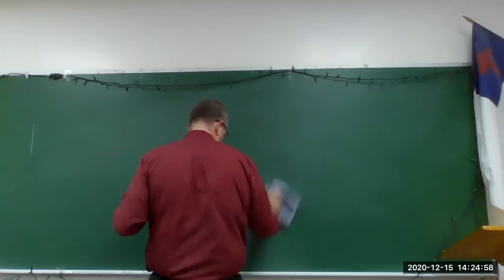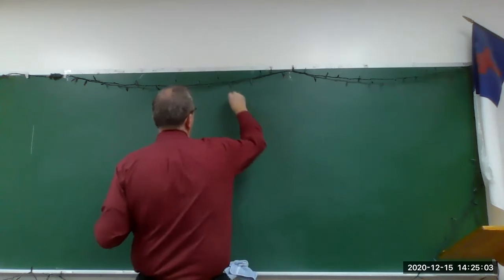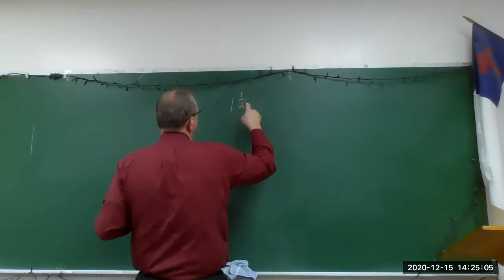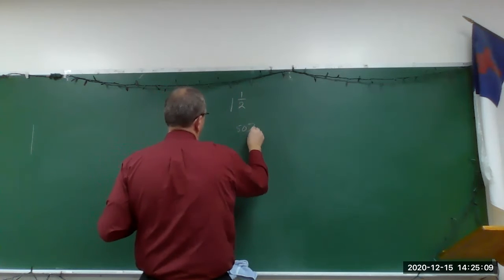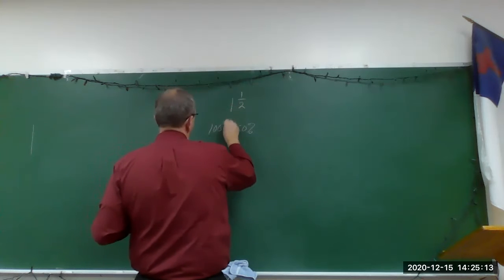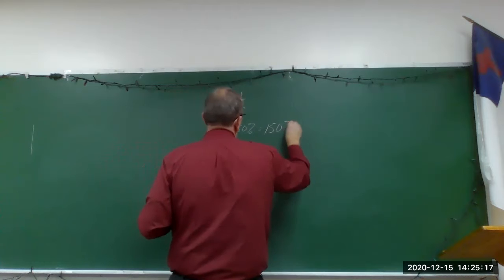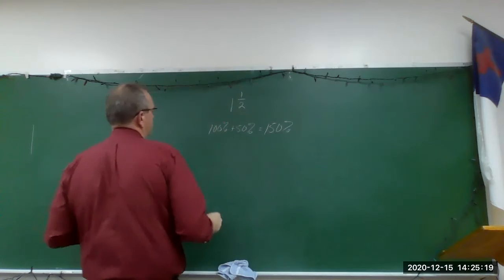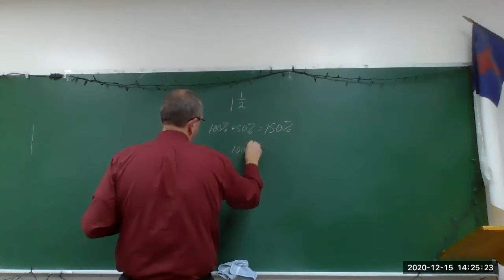1.5. Okay, well, we already said that 1/2 was equal to 50%, right? And 1 is equal to 100%. So you have 100% plus 50%, which equals 150%. Or if you want to, you can say 1 is equal to 100%.